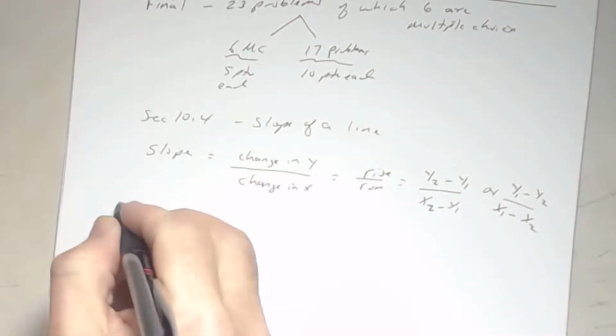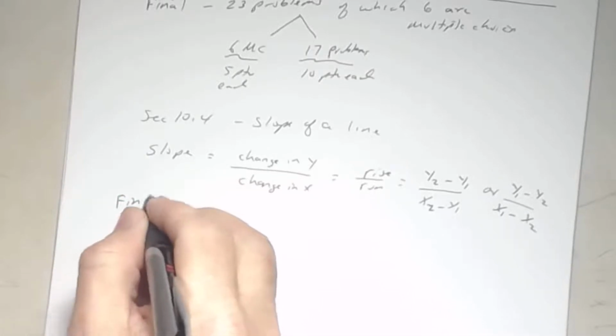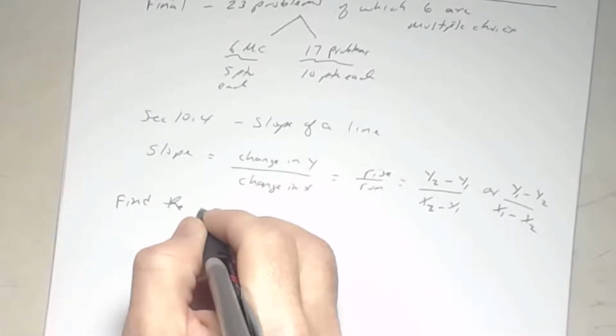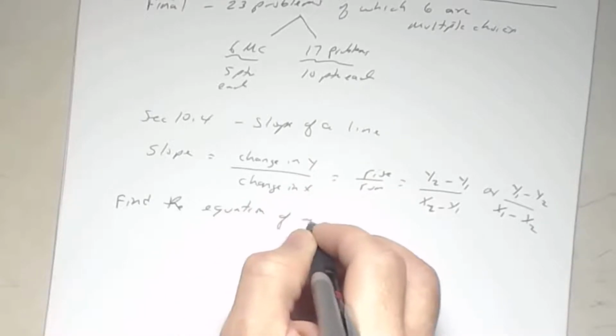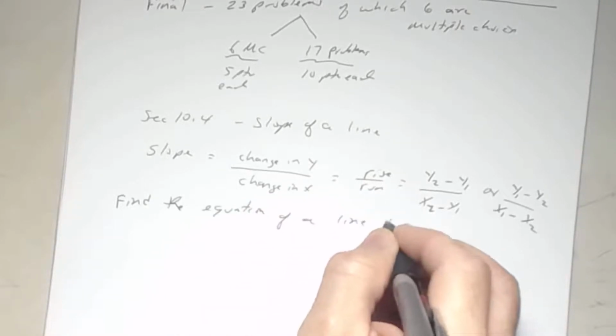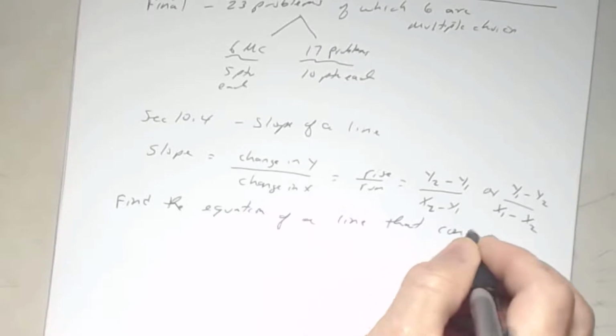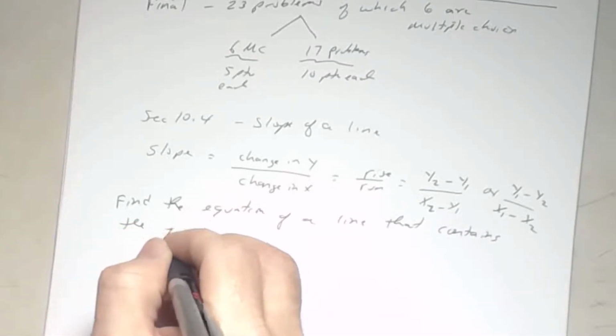So the final, with respect to the slope, here's how it's going to look. The problem is going to say: find the equation of a line that contains the points.